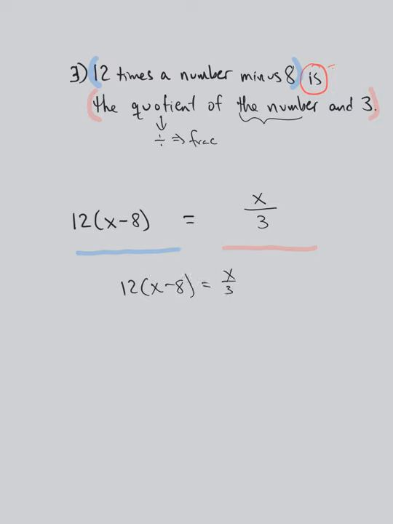Now, maybe pause and think about here, what wording would I use if I didn't want the answer to have parentheses? And so that's when I would use that comma. So I would say 12 times a number, and then I'd want to pause there. And so there would be a comma, and then I'd say minus 8 is the quotient on down the line for the rest.